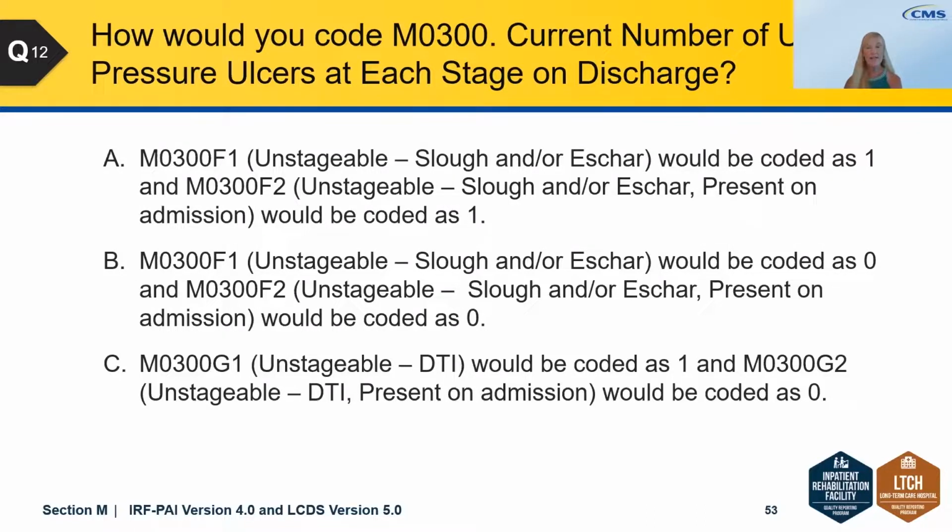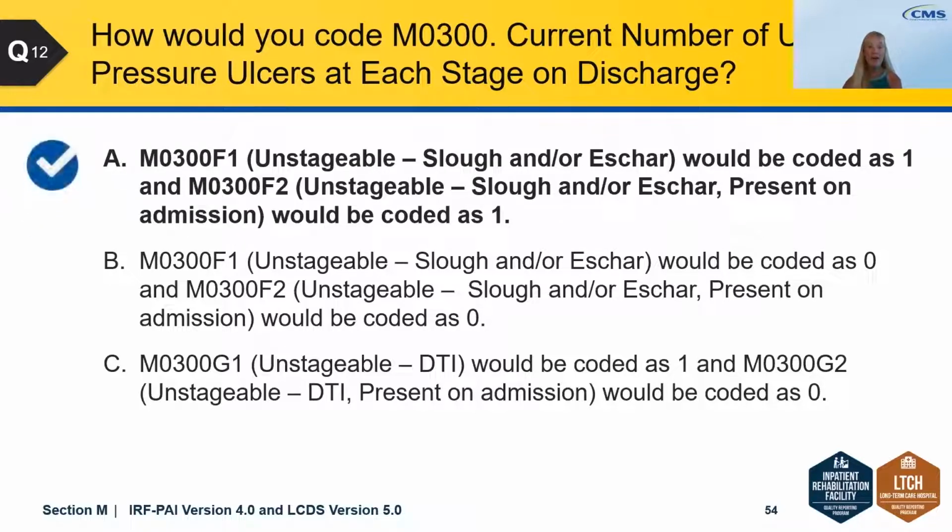All right, so let's go ahead and close it up. And for this one, A is the correct response. You would code MO300F1 unstageable due to slough and/or eschar, coded 1, and MO300F2 unstageable due to slough and/or eschar present on admission would be coded as a 1.